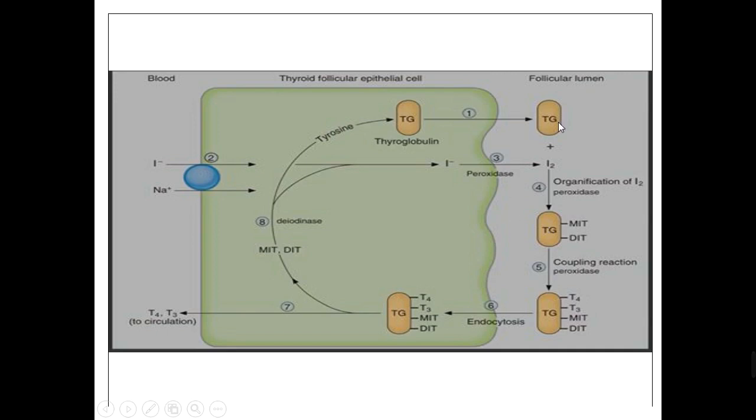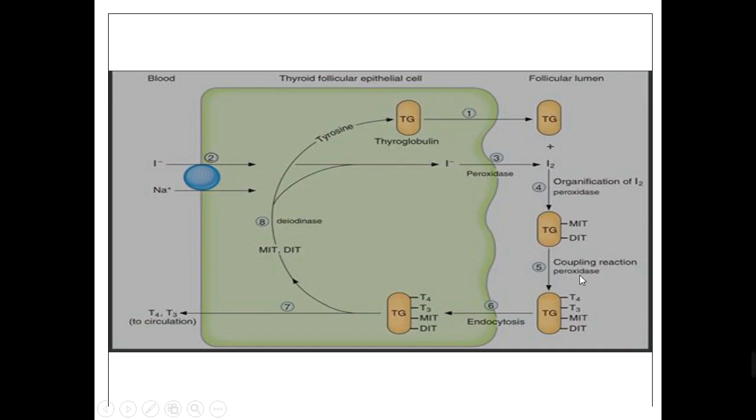Okay, this is in the follicular lumen of the follicular cells. These are the follicular cells of the thyroid gland, and this is the follicular lumen where the thyroid hormones are preserved.